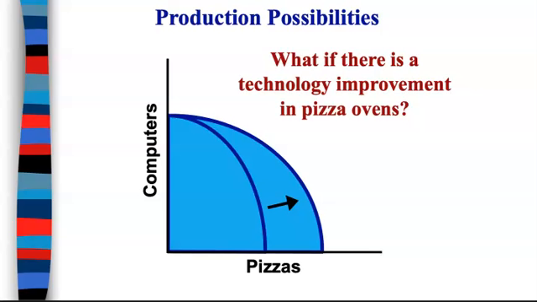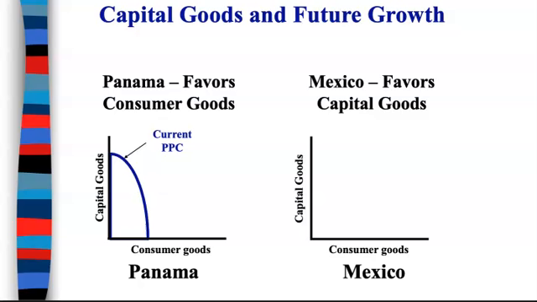Now, in both of these cases, what we can look at is the difference between what we call capital goods and future growth. So the first thing I want to mention here is capital goods and consumer goods. Capital goods are the tools and machines that we talked about way back in lesson number 1.